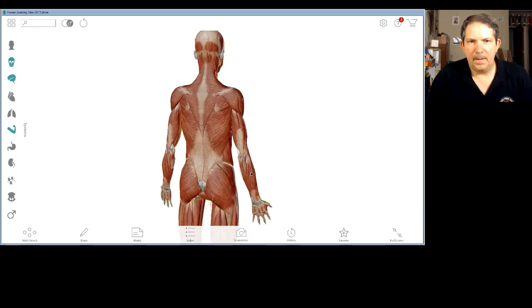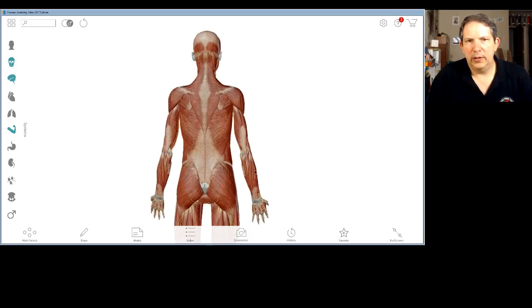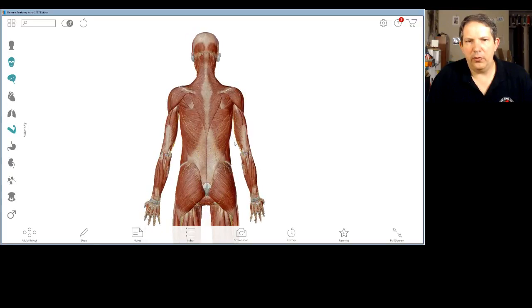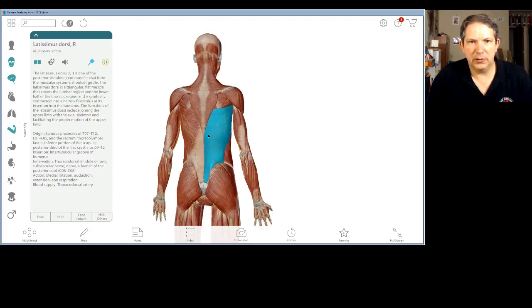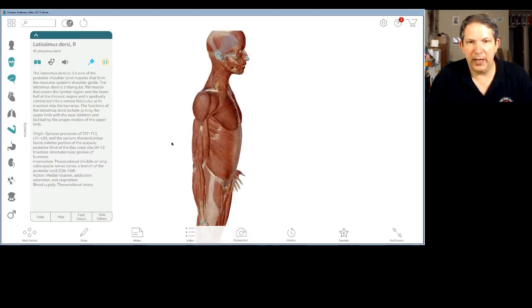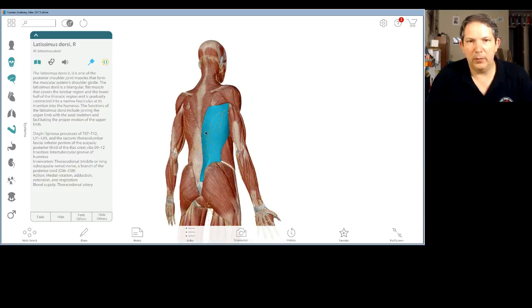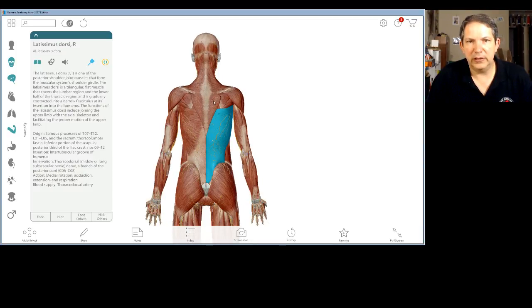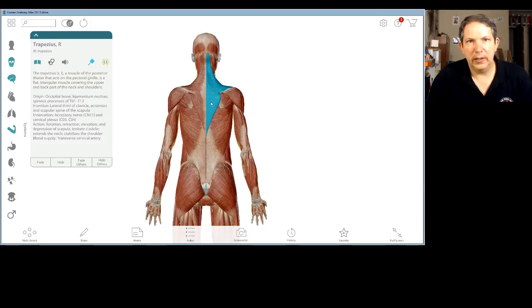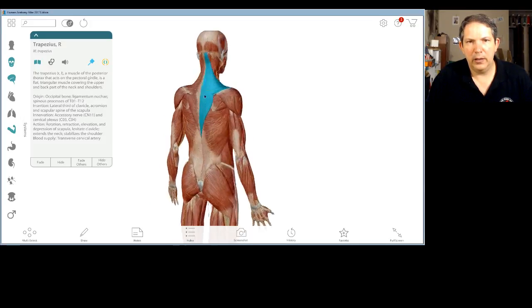The back muscles. A lot of what's on the back is moving the arms, right? Here's the latissimus dorsi, occupying most of the back. It's moving the arms. Here's the trapezius. It's moving the shoulder, the head.